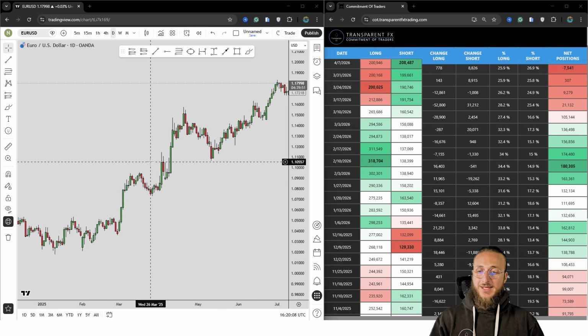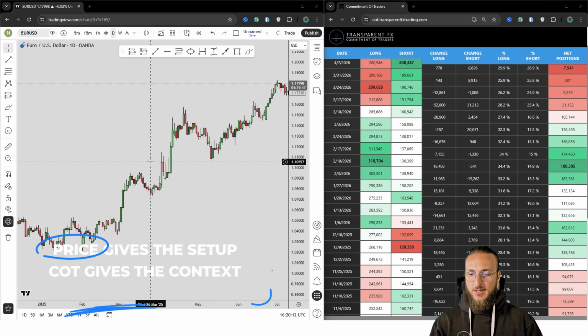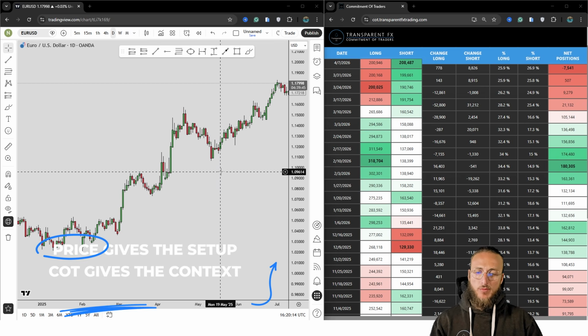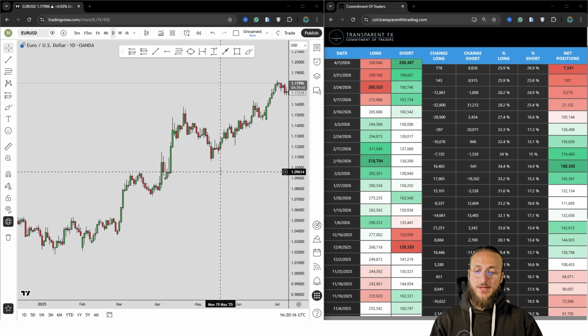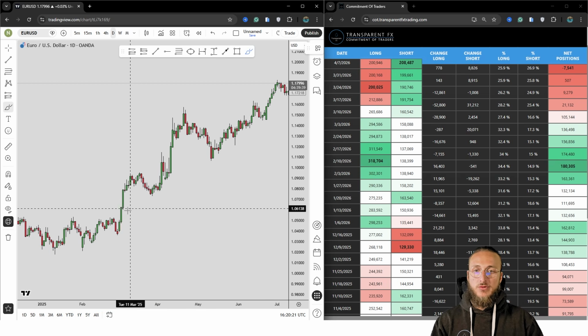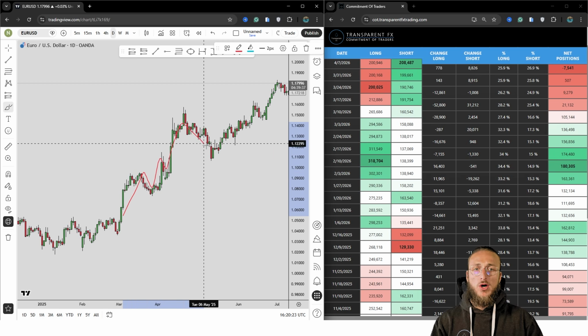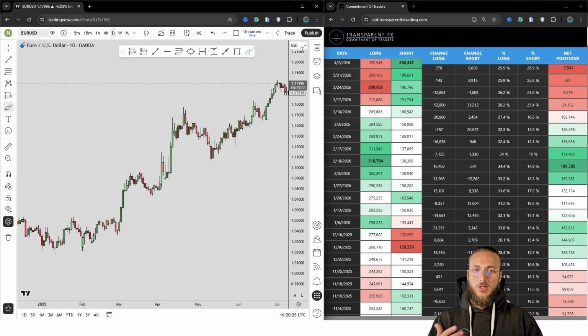Okay, so the first and probably the cleanest use is directional bias. Let's say I'm looking at a market where price is already structurally bullish. So clearly the market is creating higher highs and higher lows, pushing to the upside aggressively. So clearly it is in a bullish trend.